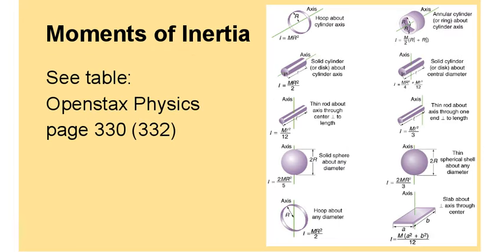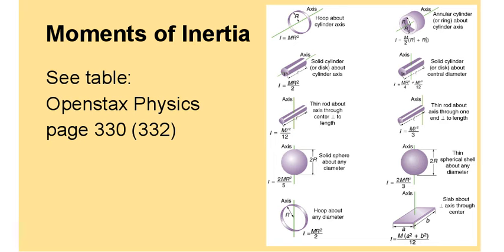Since we don't know calculus, since we don't want to integrate all those things, what we can do is look them up on a table. This is the table in your book on page 330 or 332. One of these is the PDF number and one is the page number, but it's right there somewhere. You'll find this table in your textbook, and just about every textbook has some version of this.